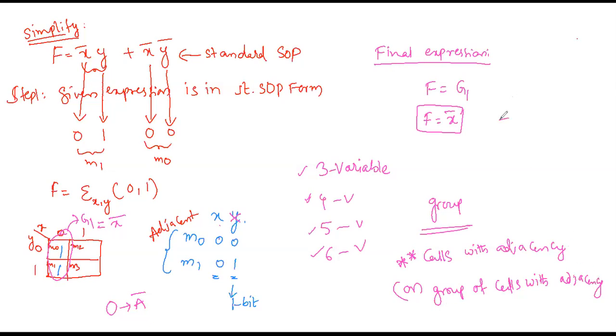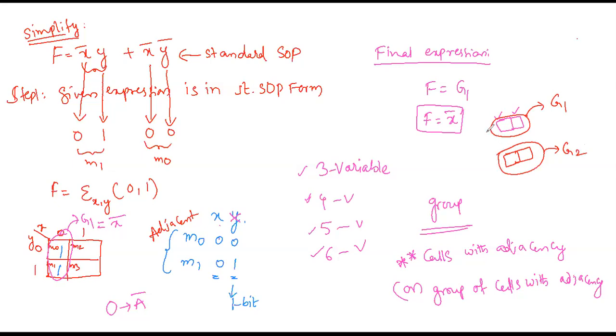This is a single cell. These two are adjacent, so you can form them as a group, like G1. And there may be another two cells with adjacency, you can form them as a group G2.